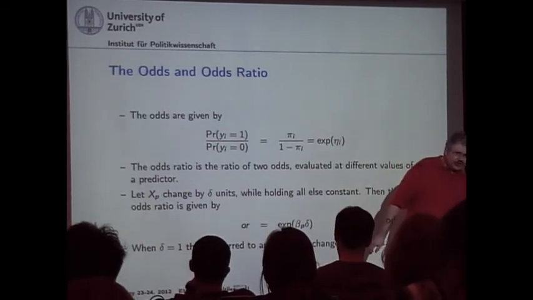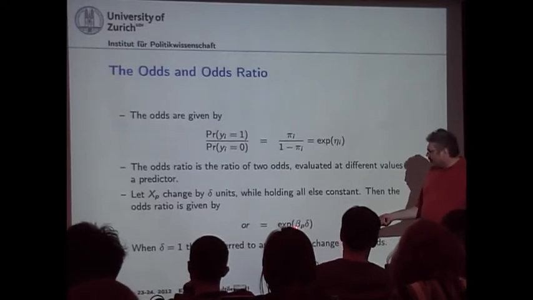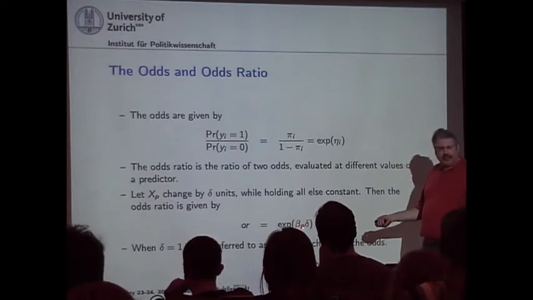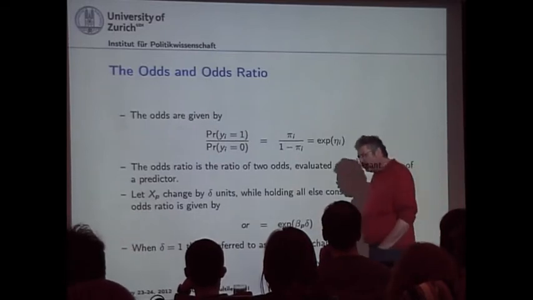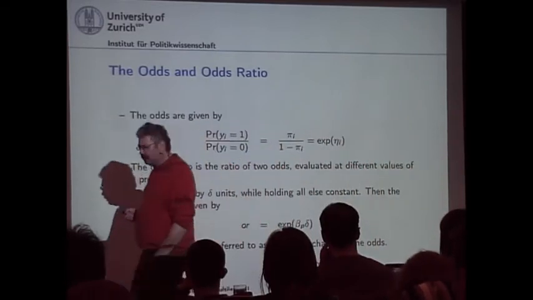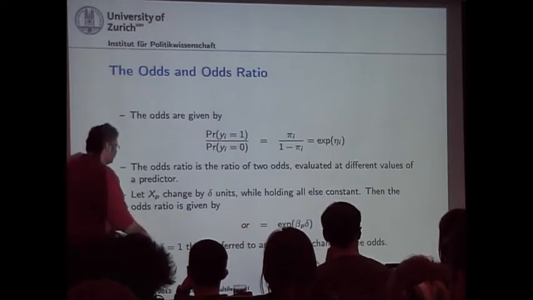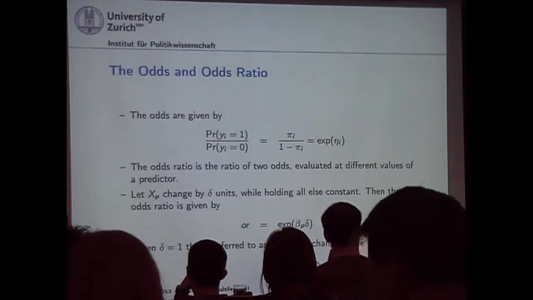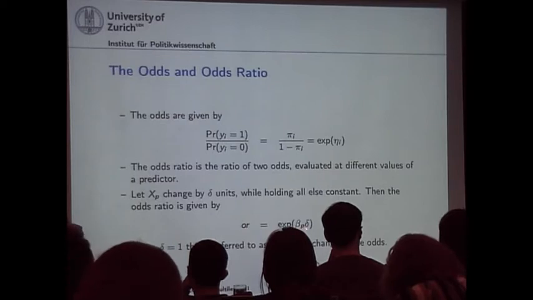And the odds ratio then actually turns out to be e raised to the power beta for that predictor times the change we have made to the predictor. And typically, what we do is we set the delta equal to 1, which means we increase the predictor by 1 unit. And then we call this odds ratio the factor change in the odds, which is then just e raised to the power beta.